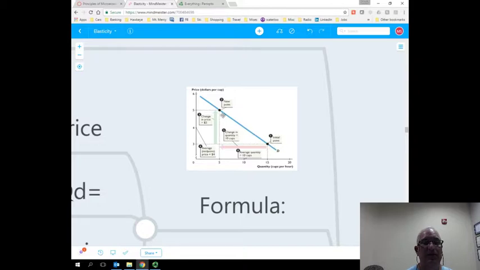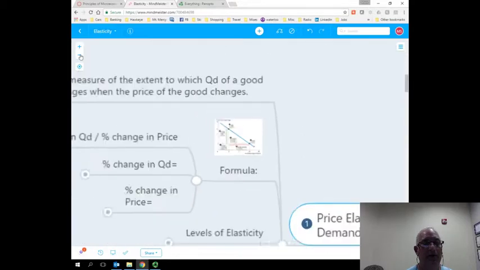From this point to this point, quantity went from 15 to 5, which is a change of 10, and price went from 3 up to 5. So price increased by 2 and quantity decreased by 10. That's how you would interpret that off the graph.